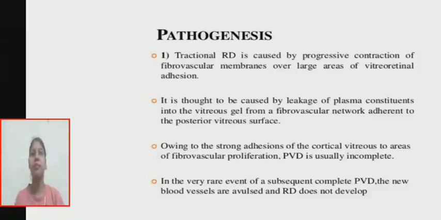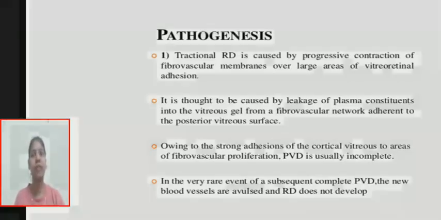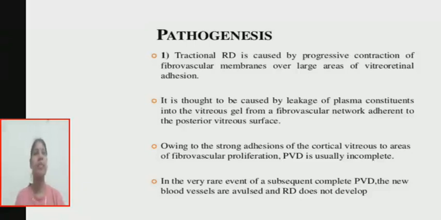Owing to the strong adhesion of the cortical vitreous to areas of fibrovascular proliferation, it's a PVD. PVD stands for posterior vitreous detachment, and is usually incomplete.